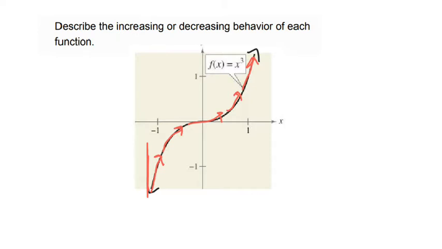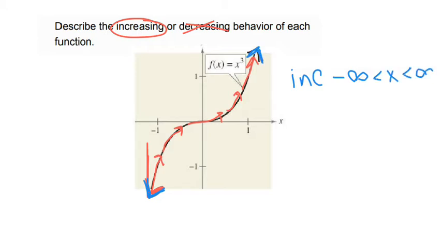It is not decreasing at all. Because there are arrows at the edge of the graph, we would say this is increasing from -infinity to infinity. It is increasing from left to right forever. It's always going up.